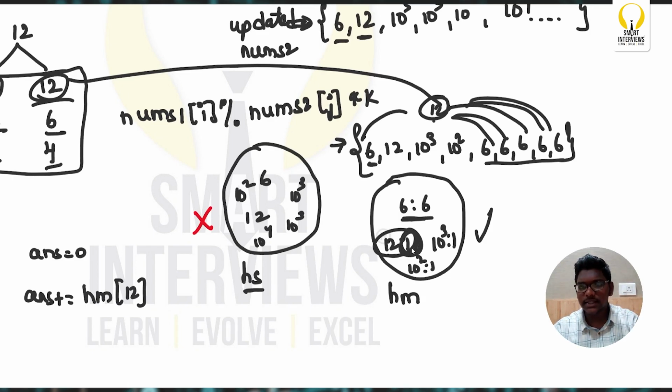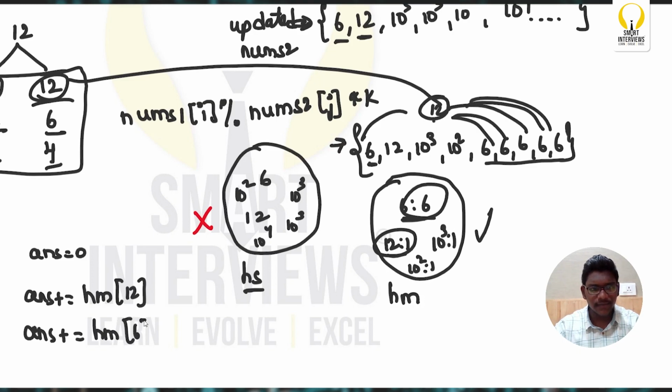So you can say that there exists one pair which is 12, 12. Next, when you encounter 6, 6 is present, so you'll add HM of 6, which is a divisor. Next, 2 not there, 6 we're done with that. 3 not there in the hash map, 4 not there in the hash map. So this is what we are supposed to do in the code part.